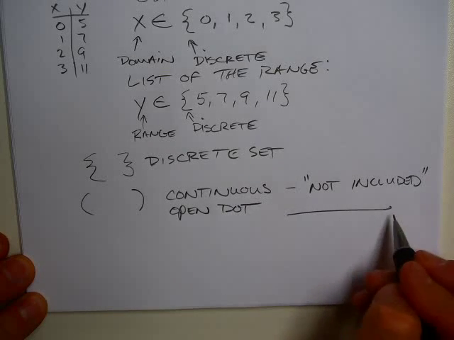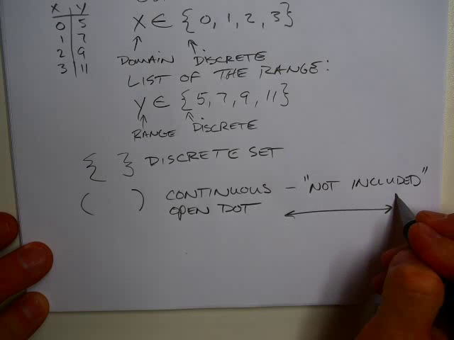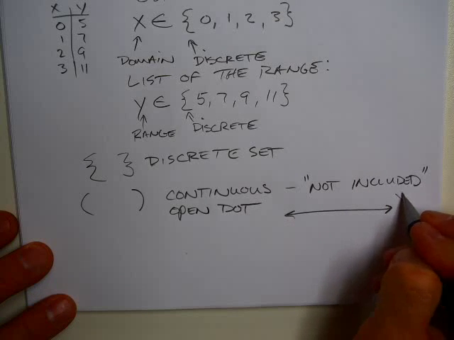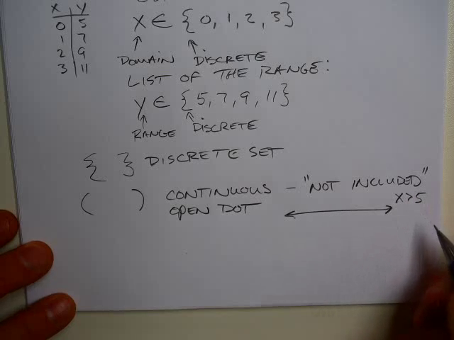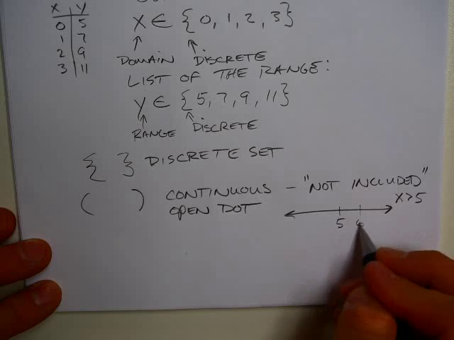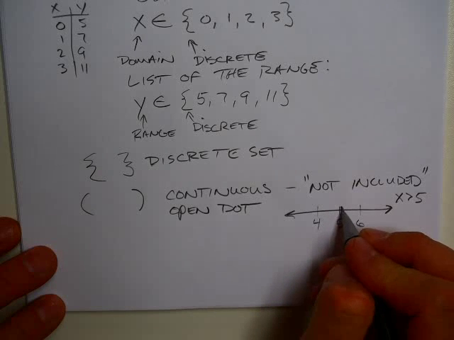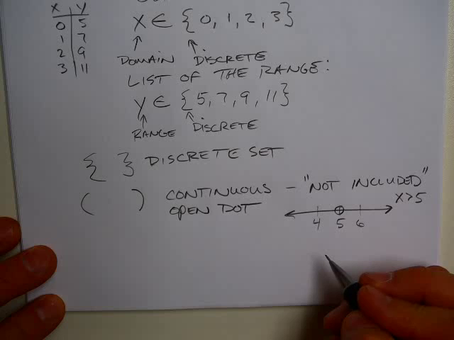Like a while ago, we looked at problems like this. We said, how would we graph x is greater than 5? And what we learned was that if it's greater than or less than, we use an open dot at that value, right?